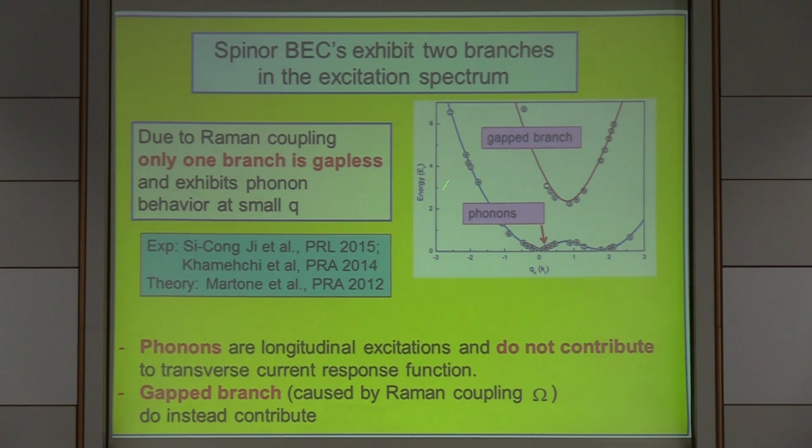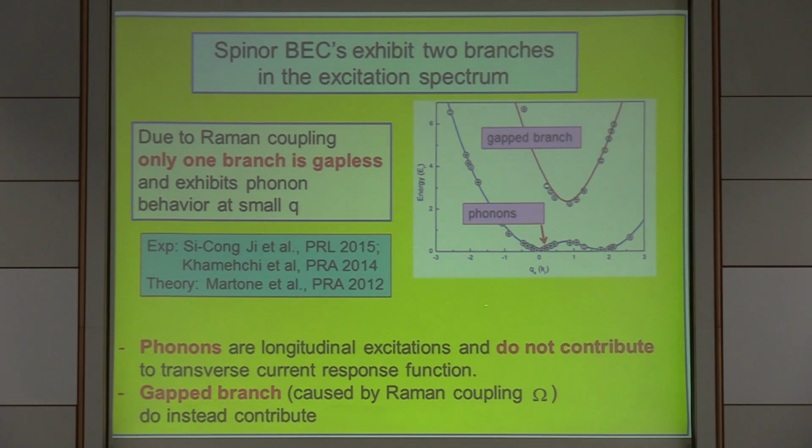The excitation spectrum exhibits two branches. Only one branch is gapless and corresponds to a Goldstone mode in the small q limit, in particular to the propagation of phonons, while the second branch is gapped because of the Raman coupling.